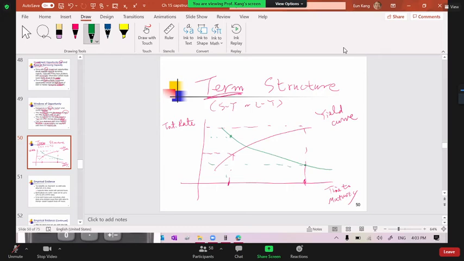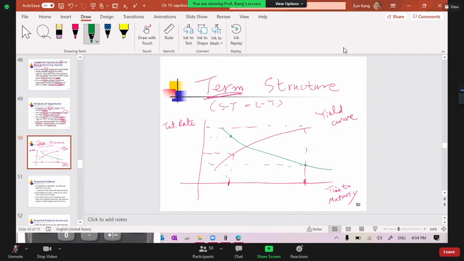Current means very short-term. But long-term inflation may be low because people expect the government will intervene and try to make inflation go down.